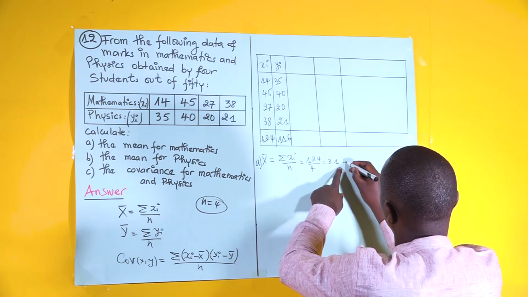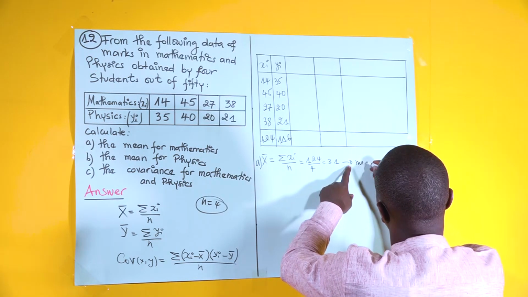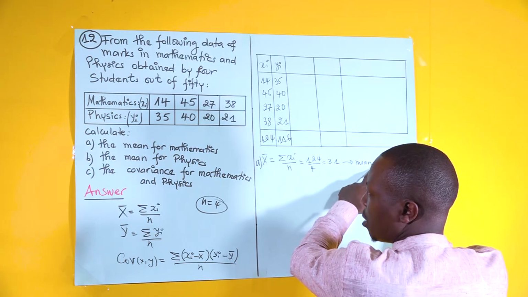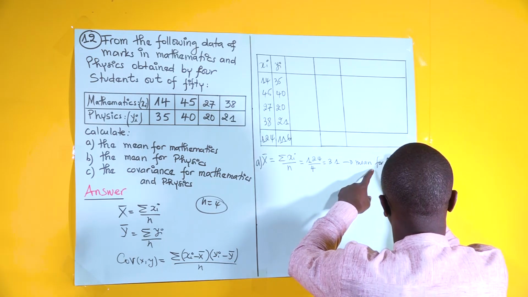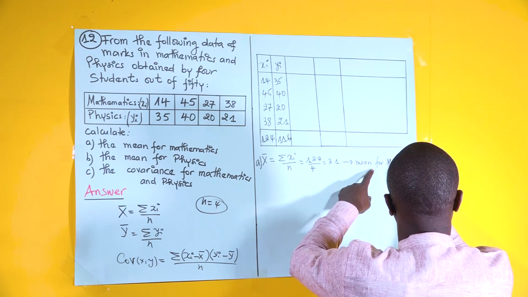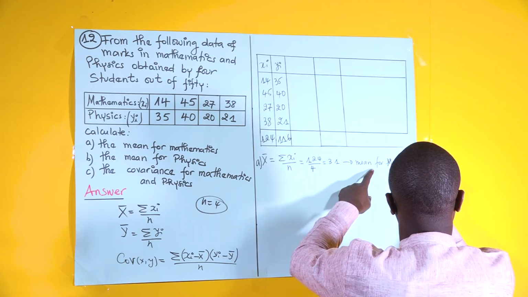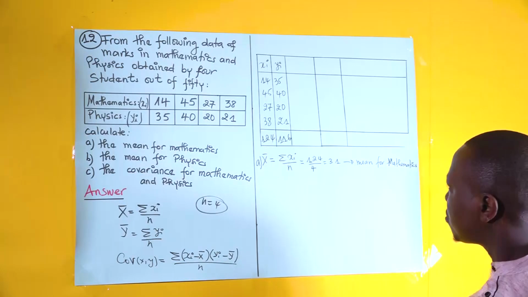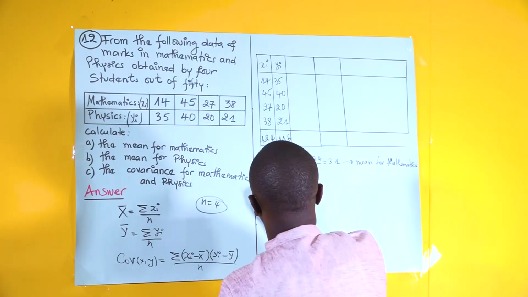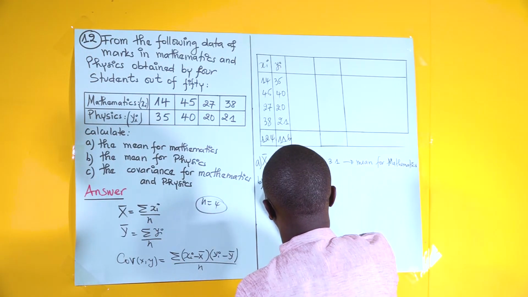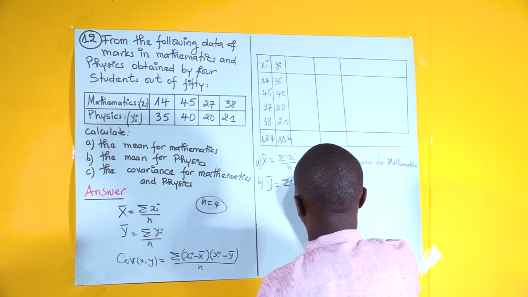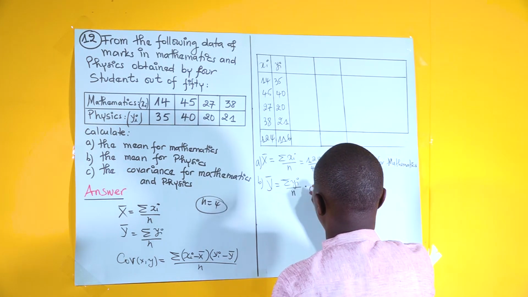What is 31? 31 is the mean for mathematics.